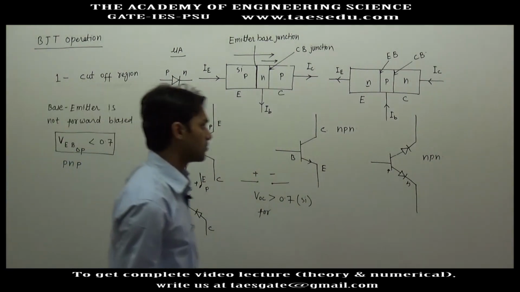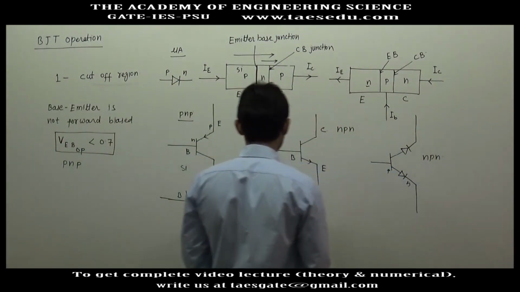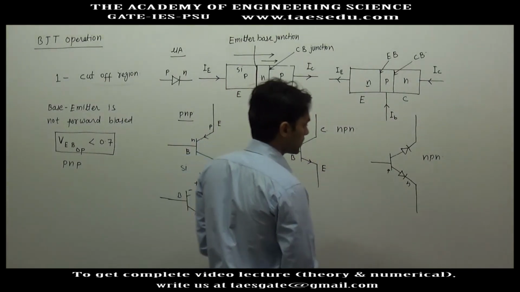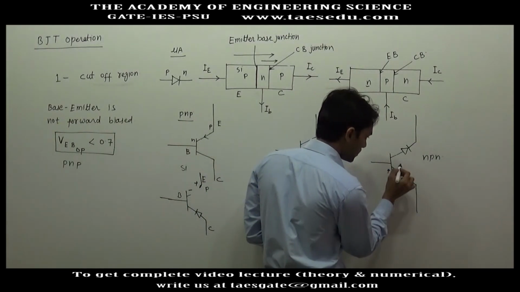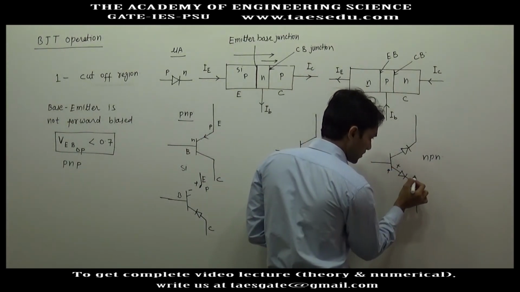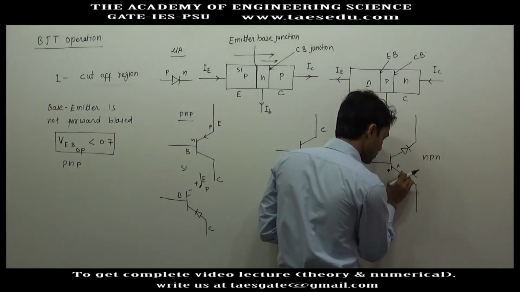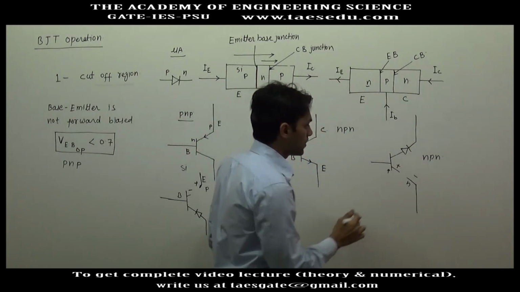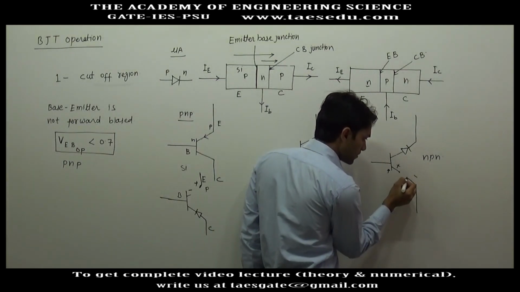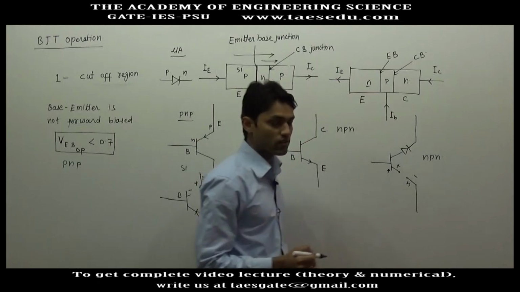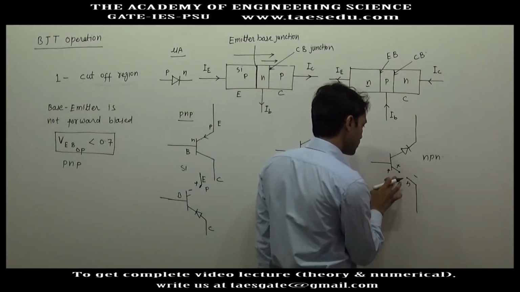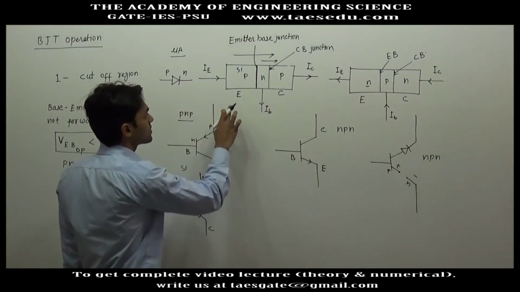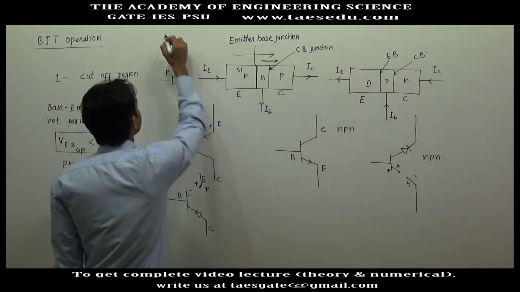Now if we come to NPN transistor, here we have p, so we will have a positive sign here, negative sign here. We will first open circuit it. In a circuit, when you open circuit it, the calculation becomes very easy, because if you open circuit the base emitter junction, IE will be 0.